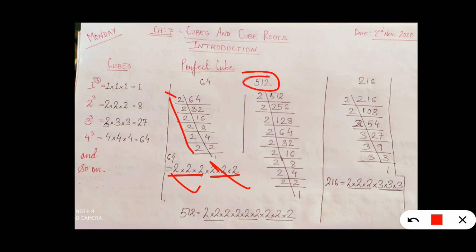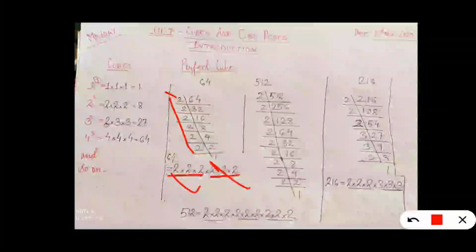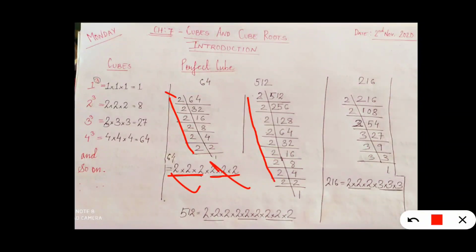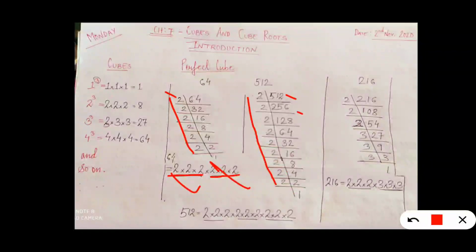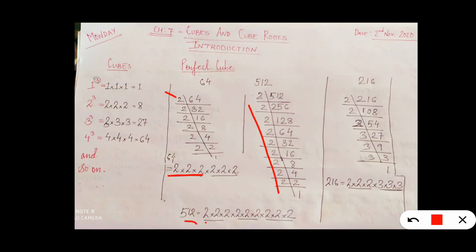Now let's do it with 512. After doing the prime factorization of 512, which you know how to do so I'll not go into details, we got 9 times 2. So 512 is equal to nine 2's. Now make the groups of triplets: 1, 2, 3. All are in triplets.